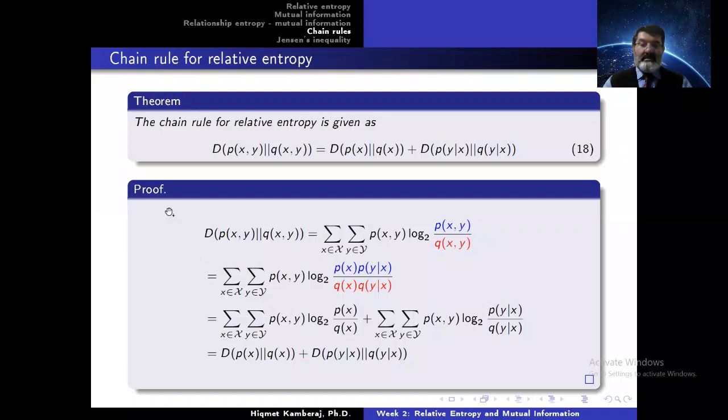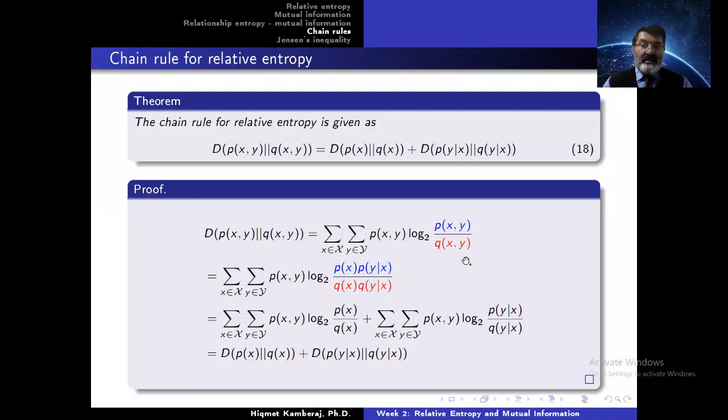Now, as a proof of this theorem, we continue: D of p of x and y from q of x and y is equal to the sum of all x's from chi, sum of all y's from epsilon, p of x and y, log with base 2 of p of x and y over q of x and y. Now, we can express p of x and y as p of x times p of y conditional on x.